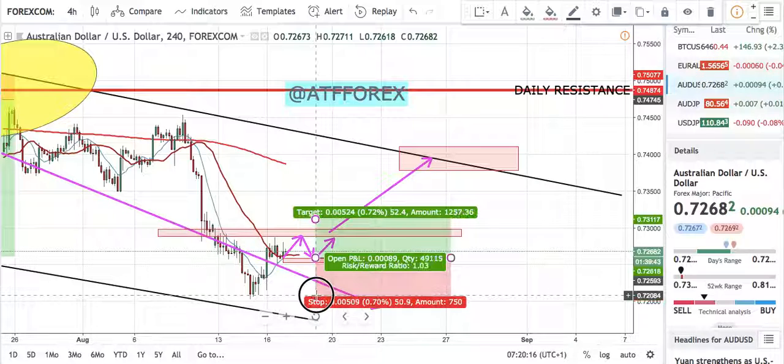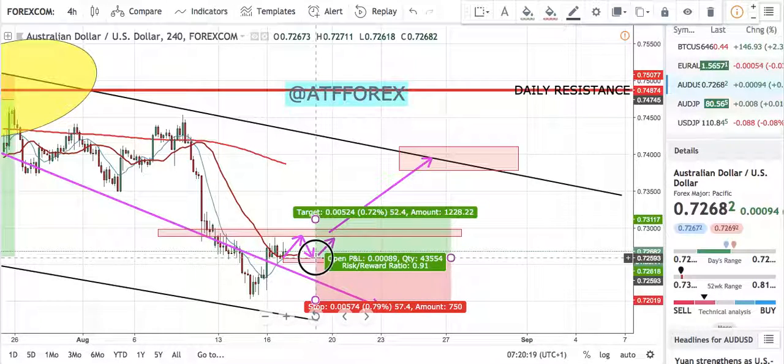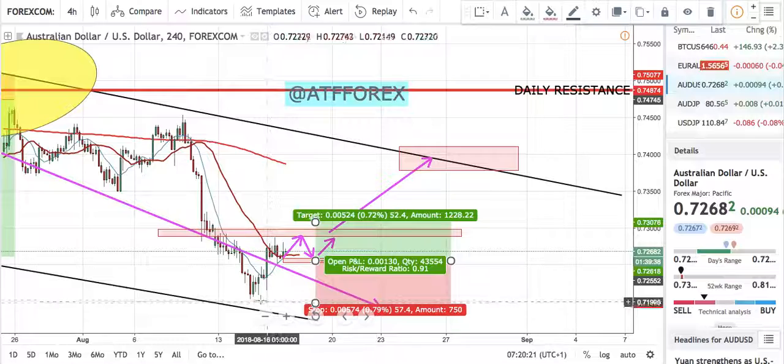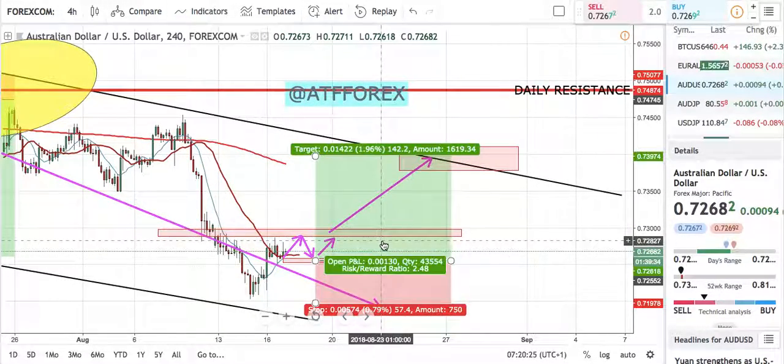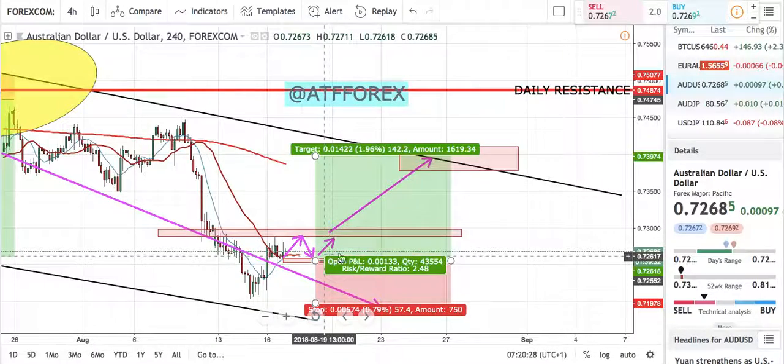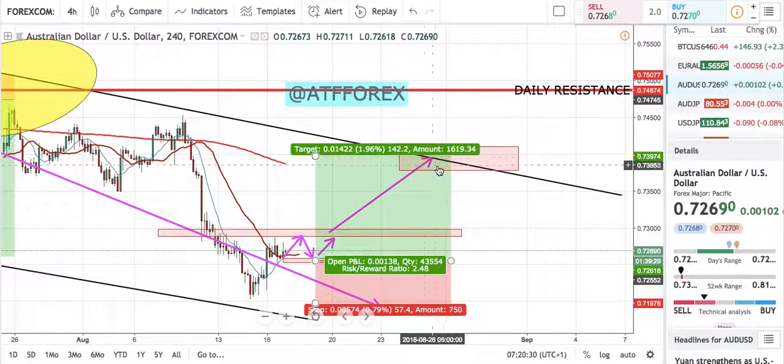So stops just below last week's low, and then taking us up. So a nice 2.4 ratio to take us up to this trend line resistance right there.